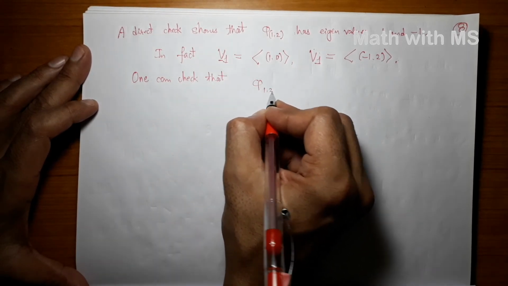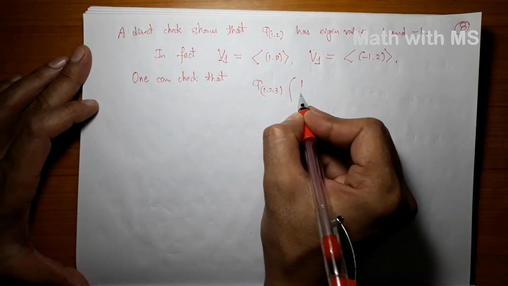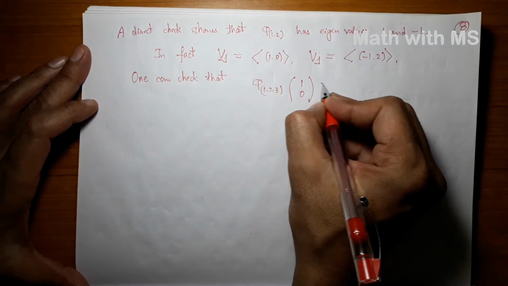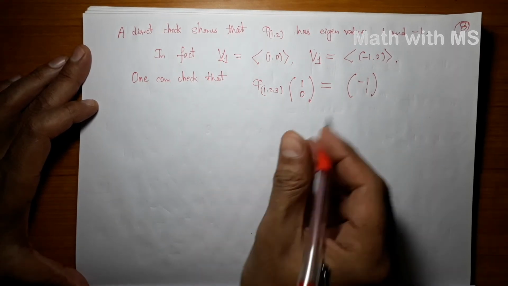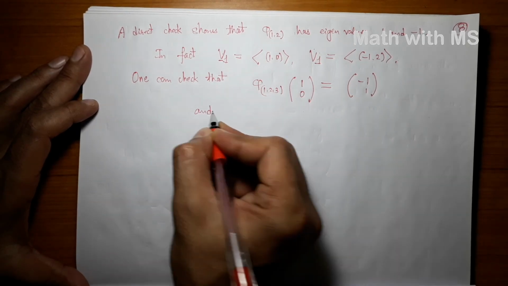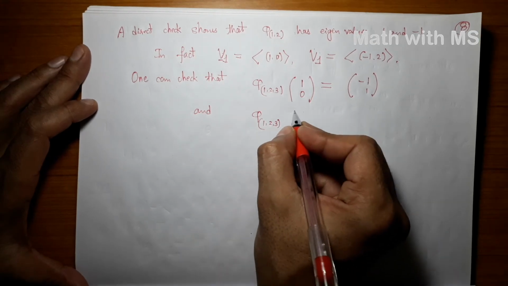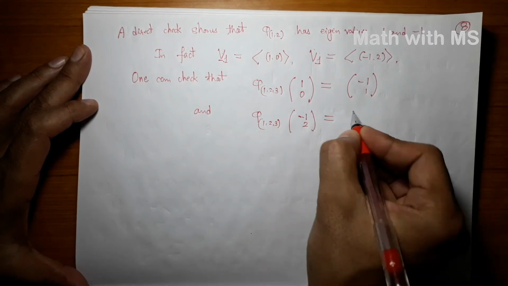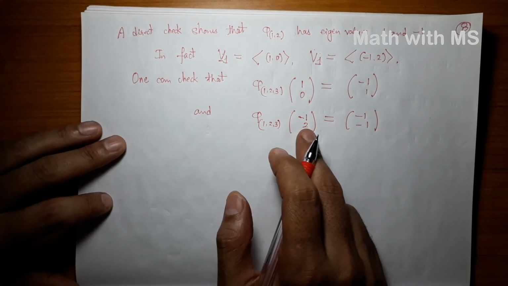One can check that phi of (1 2 3) is this matrix, and if you apply it on (1, 0), where as matrices I am writing the vectors as columns, a direct matrix multiplication shows that it is (-1, 1), which you certainly cannot write as a scalar multiple of (1, 0). And in fact phi of (1 2 3) acting on the other vector (-1, 2) turns out to be (-1, -1) again. This you cannot write as a scalar multiple of this vector.